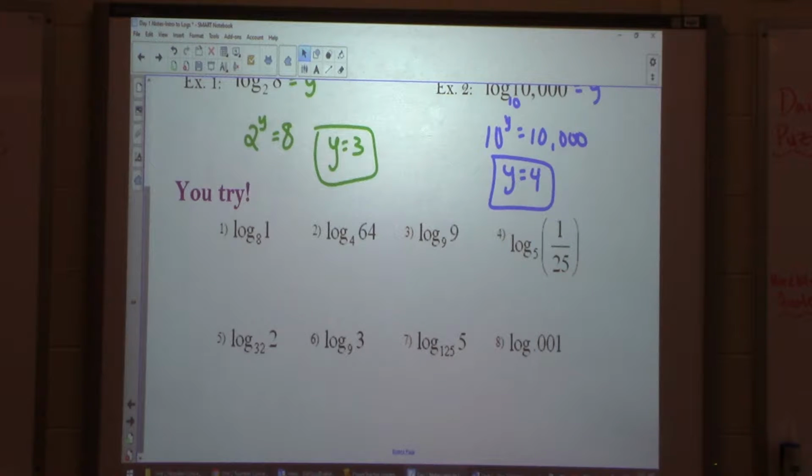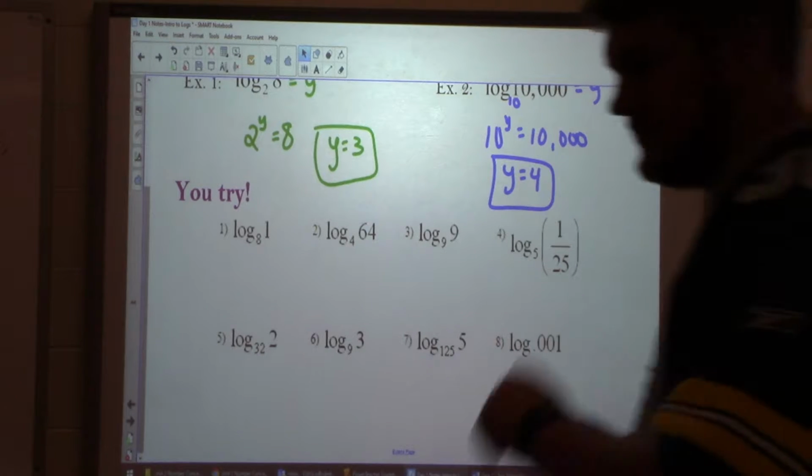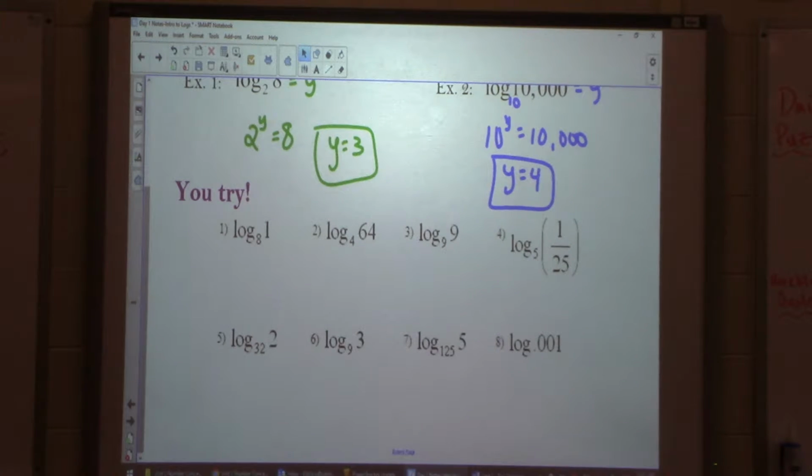Yep, so just figure out what would y equal in those cases.